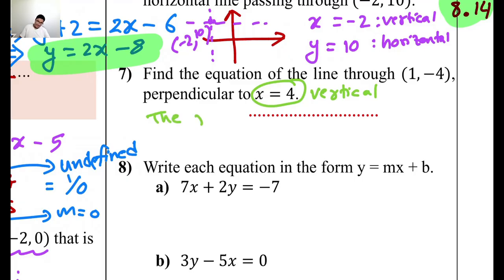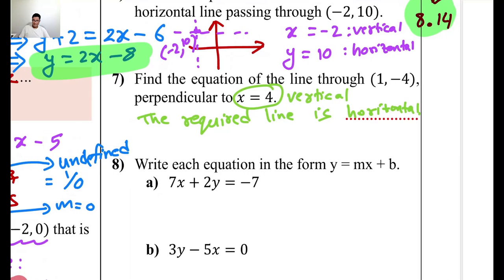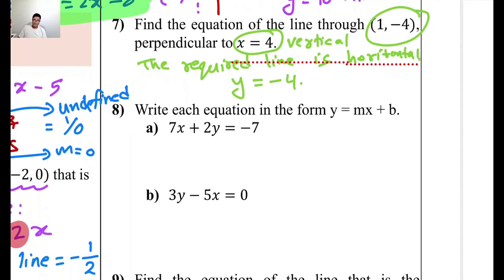The required line is horizontal, right? And it is passing through the point 1 comma -4. So its equation is y equals -4. The equation of a horizontal line is y equals constant.